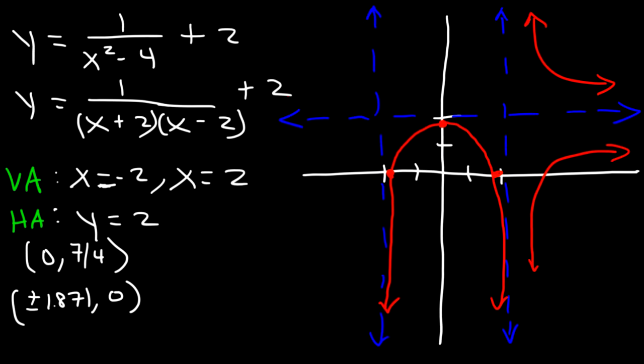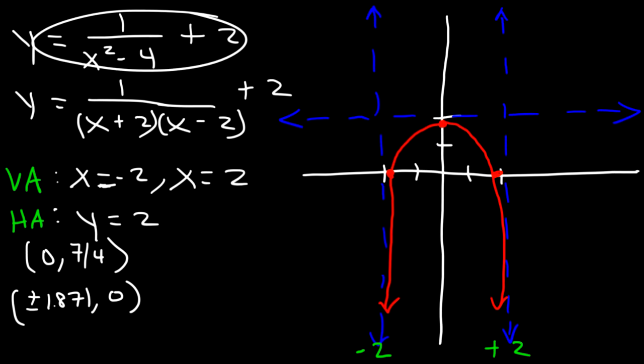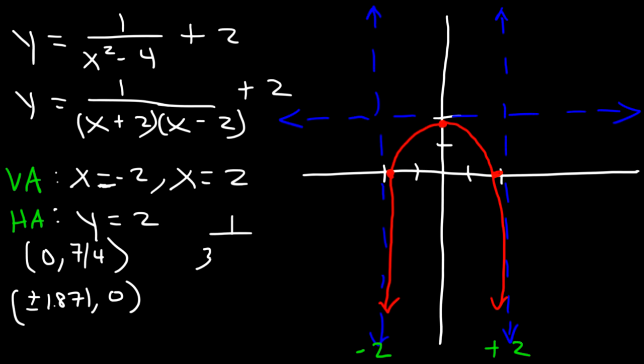All we need to do is plug in a point to see if it's above or below the horizontal asymptote. So we need to plug in a point to the left of negative 2 and one to the right of positive 2. So let's try 3. And let's use the first form of the equation. So 1 over 3 squared minus 4, plus 2. 3 squared is 9. 9 minus 4 is 5.